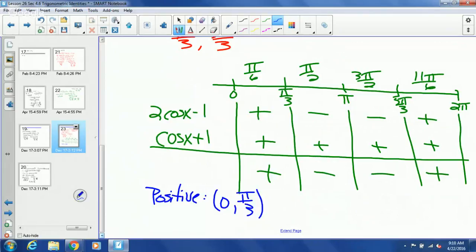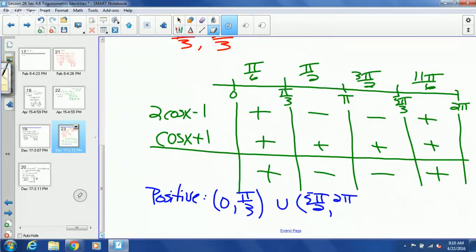It's 5 pi over 3. You're right. To 2 pi. Good. Okay, so that's where it's positive.